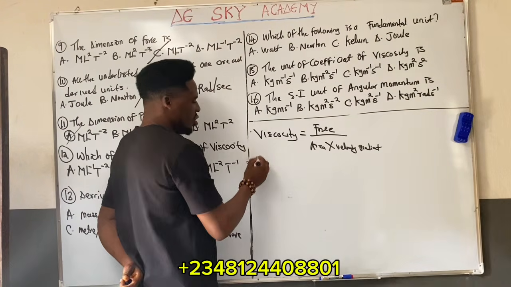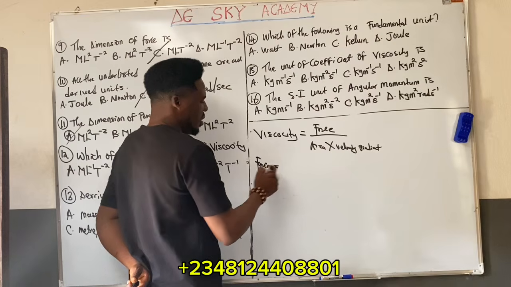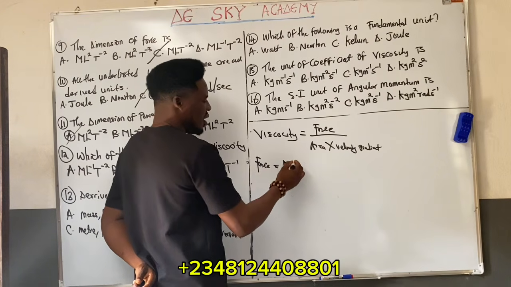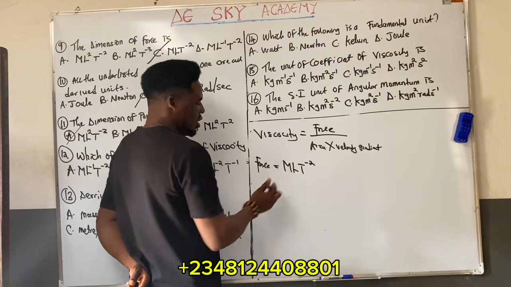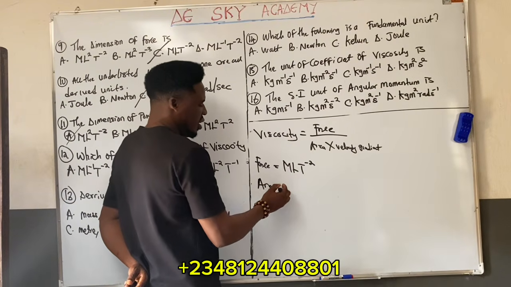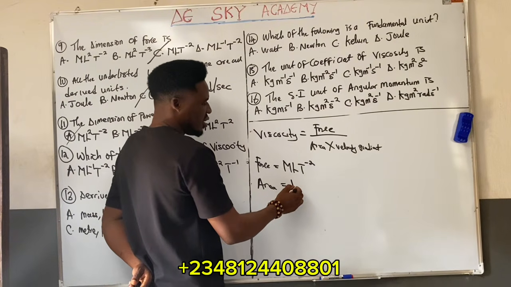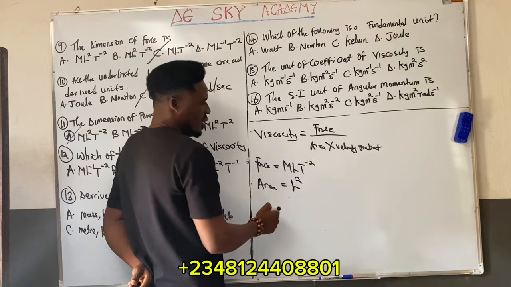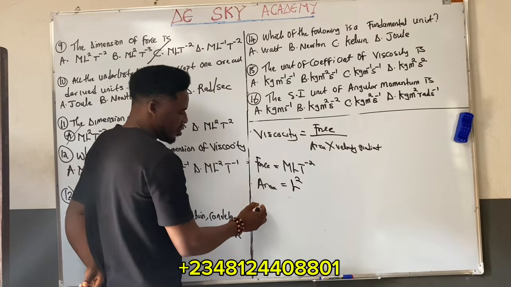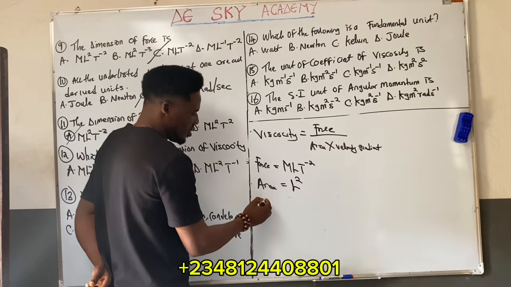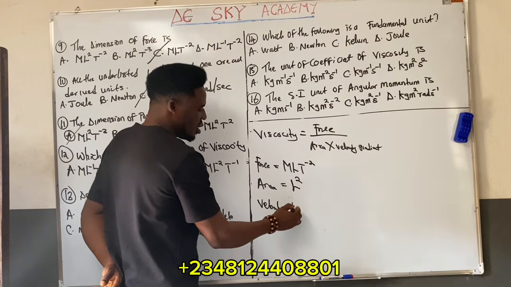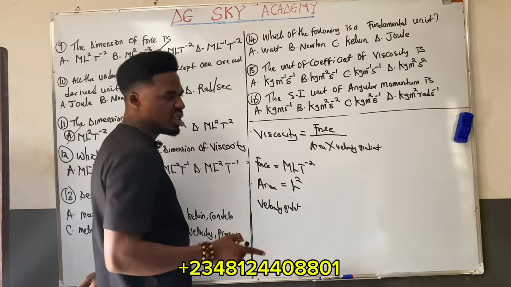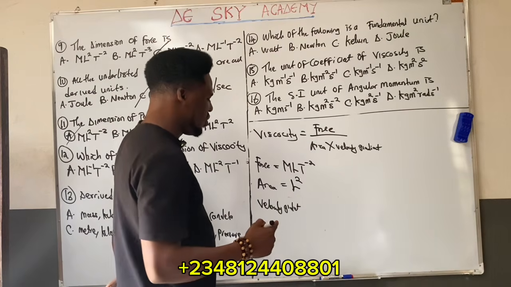Do we know the dimension of force? Of course, the dimension of force is MLT⁻², right? Do we know the dimension for area? The dimension for area is L squared. Now, what is the dimension of velocity gradient? So what does velocity gradient mean?